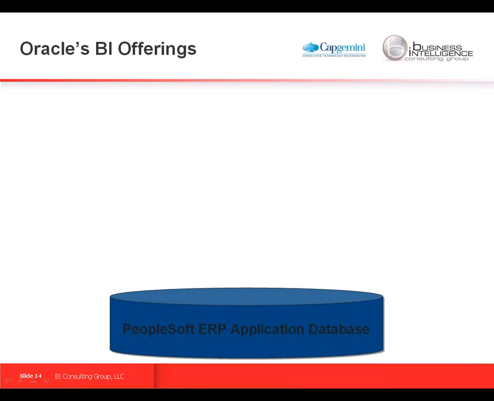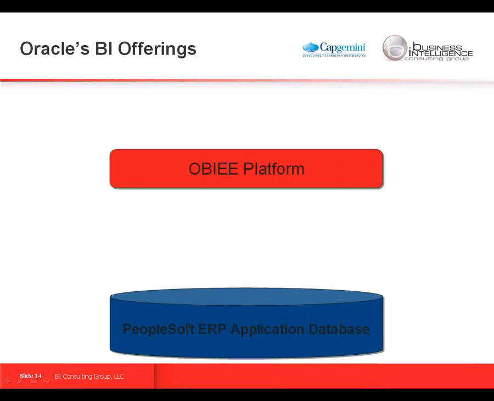So basically, as a PeopleSoft customer, we would have our typical HCM or Campus Solutions or Financial and Supply Chain database. And then we would put the OBIEE platform on top of that, and there's really nothing connecting the two, and that's where the two Oracle-delivered solutions come into play.